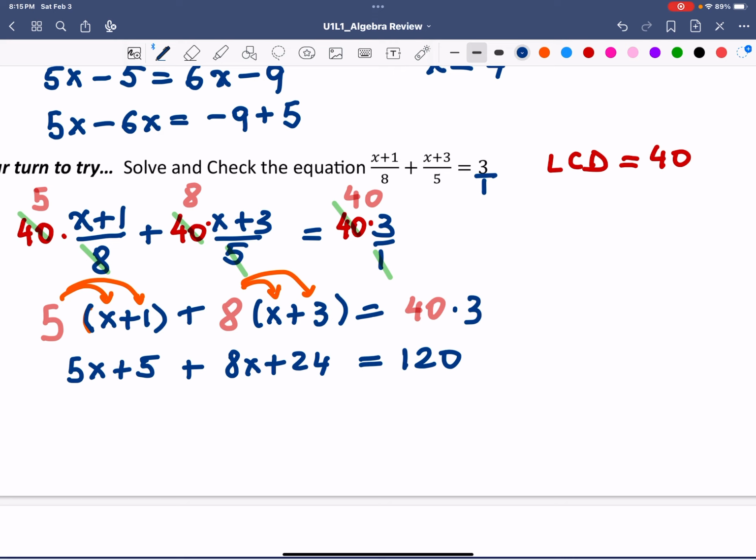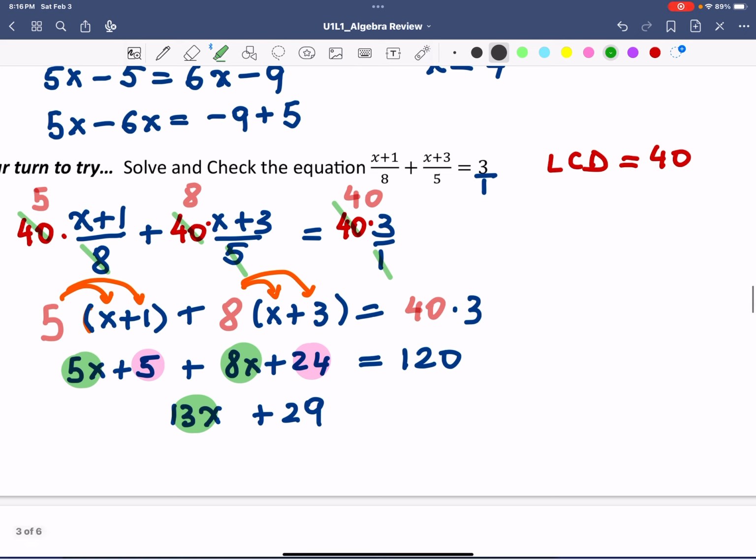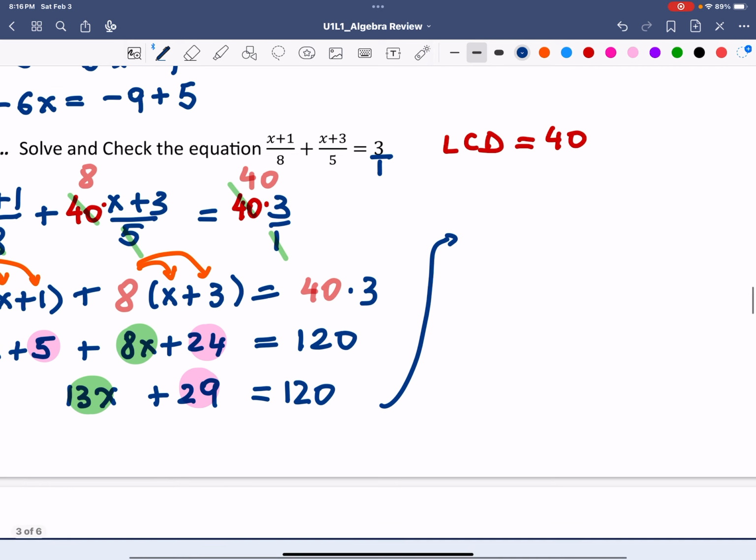On the left side, we have 5x and 8x and 5 and 24. So we simplify each side of the equation. So 5x plus 8x is 13x. 5 plus 24 is 29. Together. The other side, 120.